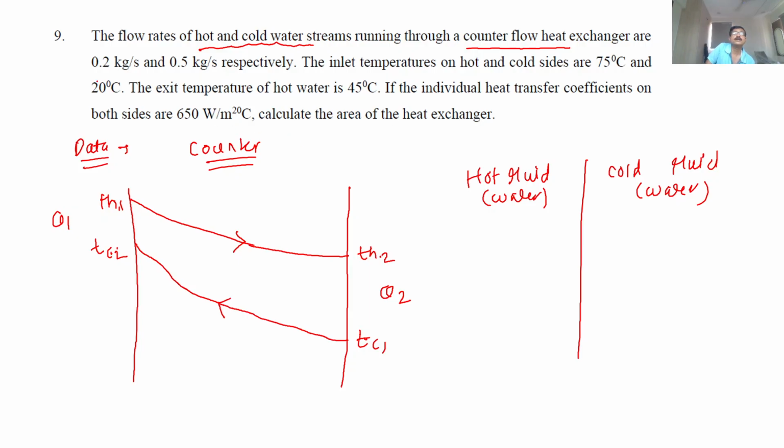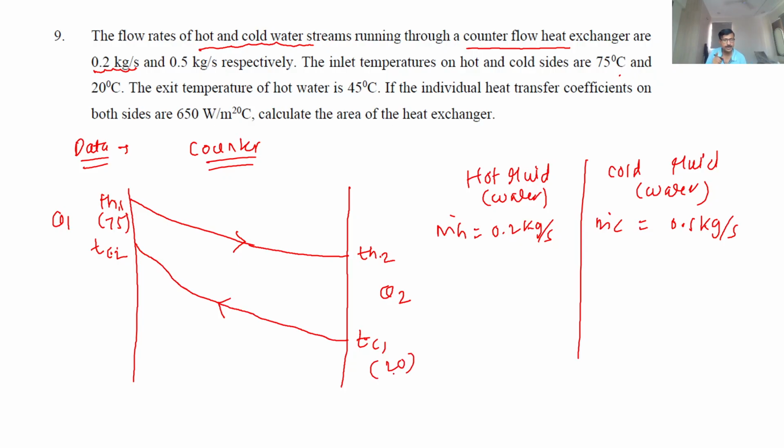Then their mass flow rates: for hot fluid, m dot h is 0.2 kg per second, m dot c is 0.5 kg per second. Next, the inlet temperature of hot fluid is 75, inlet temperature of cold fluid is 20.